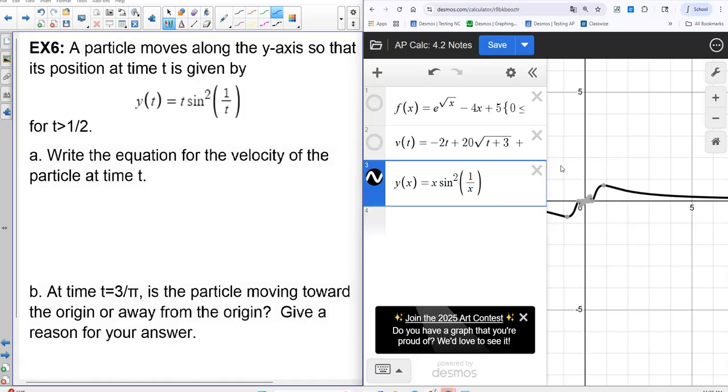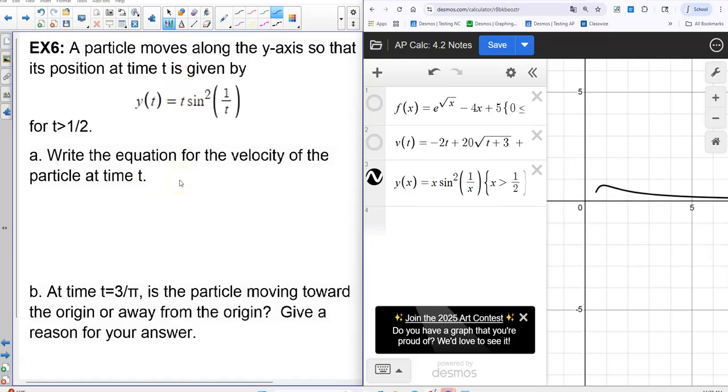So I am going to just change it to x's here, and then x is greater than 1/2, putting in squiggly brackets. So we know which part of the function that we're looking at right here.